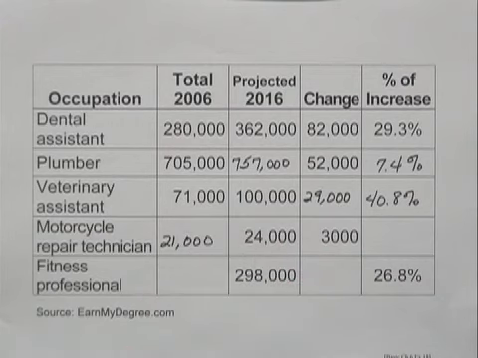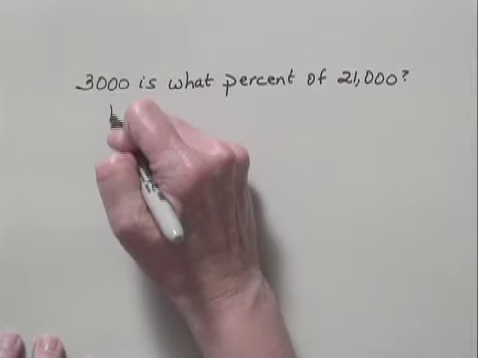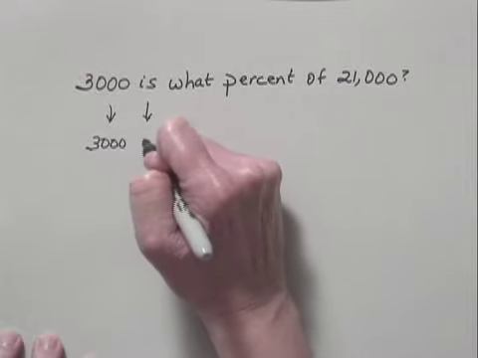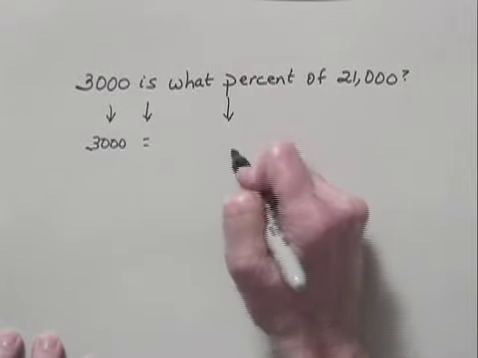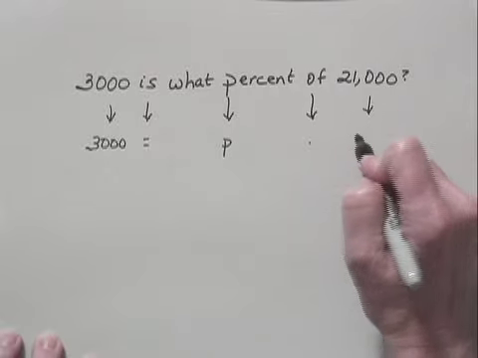And again, we want the percent of increase. We're asking the question, 3,000 is what percent of 21,000? So we write an equation: 3,000 equals what percent P of times 21,000.